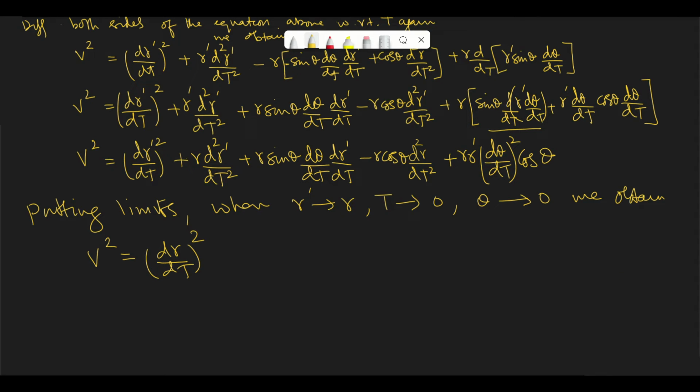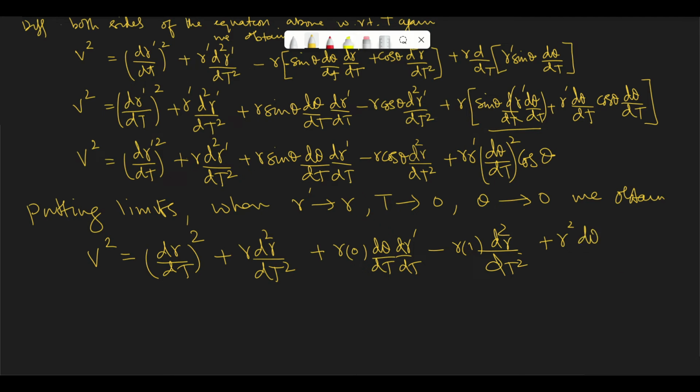v² is equal to (dr/dt)² plus r d²r/dt² plus 0 dθ/dt dr′/dt minus r, cos θ tends to 1, r d²r/dt² plus r² (dθ/dt)².